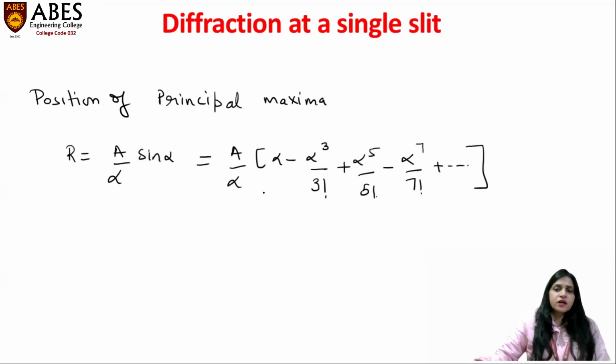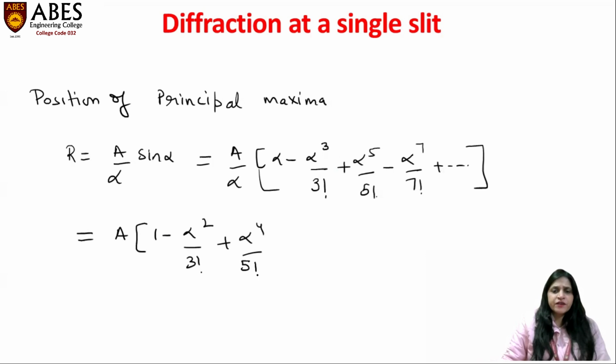So if we introduce alpha inside, then what we are going to get is A times 1 minus alpha square upon 3 factorial plus alpha 4 upon 5 factorial minus alpha 6 upon 7 factorial and so on.